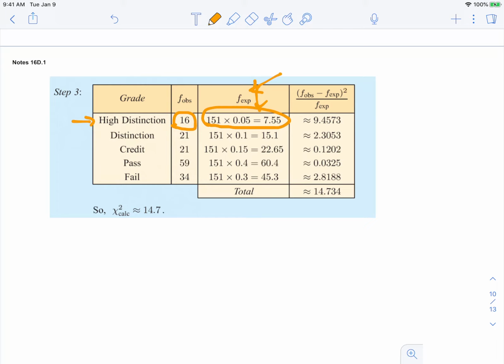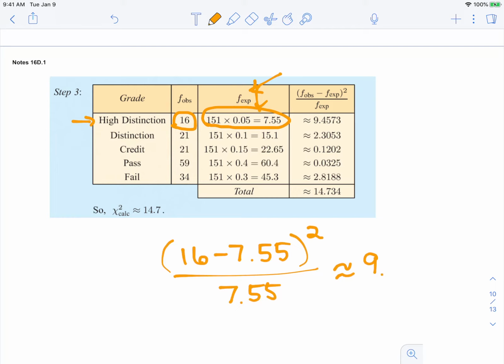And then what you do is you take the observed, 16, minus the expected, you square it, and then you divide it by the expected. And what you get in that row is 9.4573 right here. You would do that for the next 4 categories. And then what you're going to add up is this last column to give you your total. So that's your chi-squared calculation.